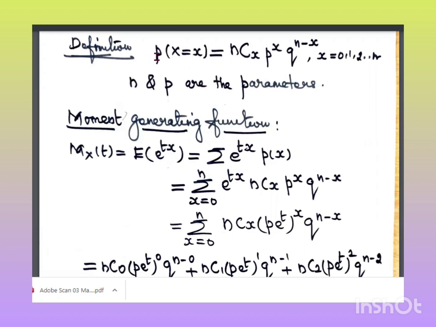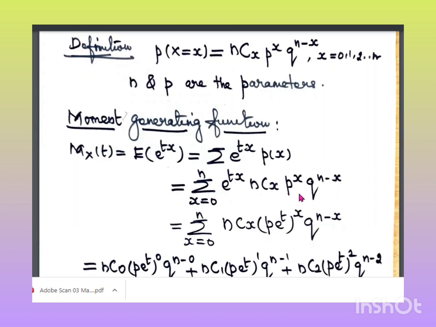Already we studied p of x is equal to nCx, p power x, q power n minus x. So summation x equal to 0 to n, e power tx, nCx, p power x, q power n minus x.